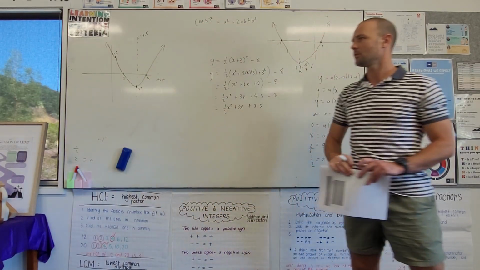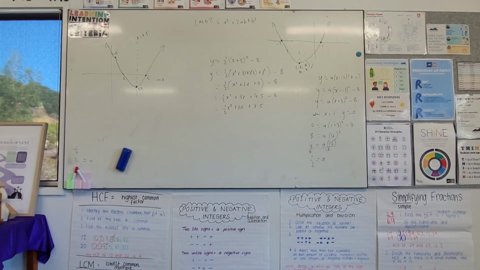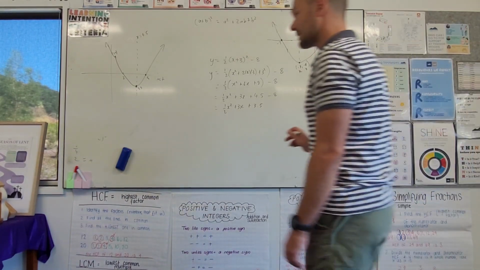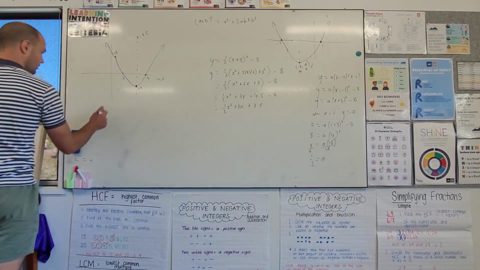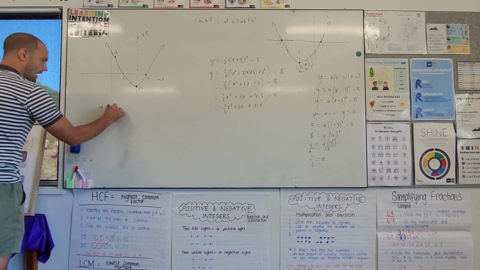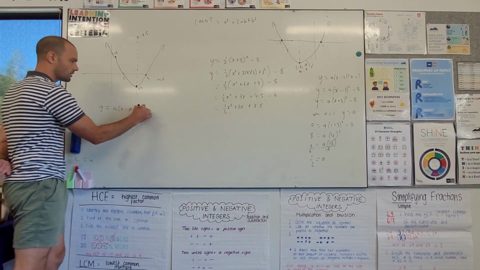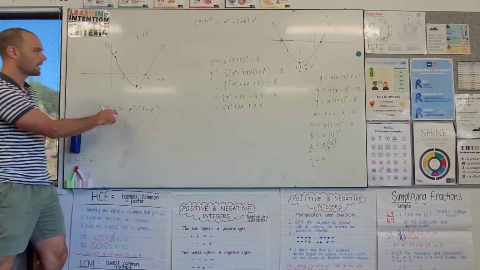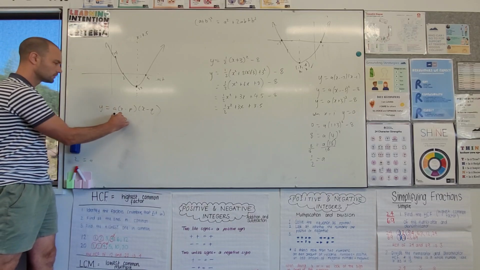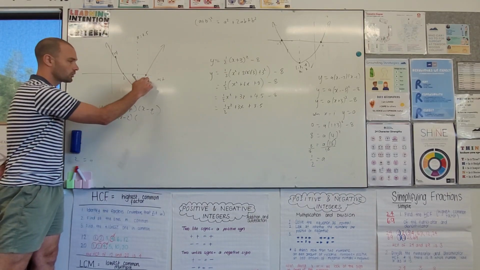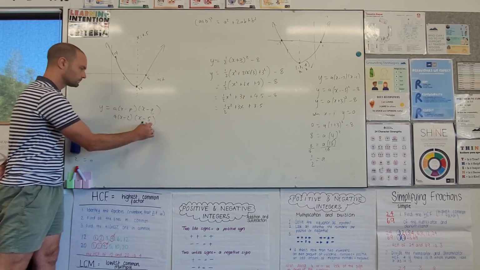So the other root there is 5. Okay, let's do the x-intercept form. Remember, x-intercept form, a times (x take p) times (x take q). We've got p corresponds with 2, and q corresponds with 5.